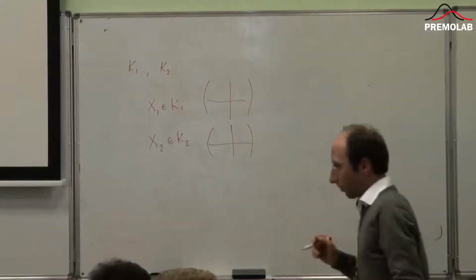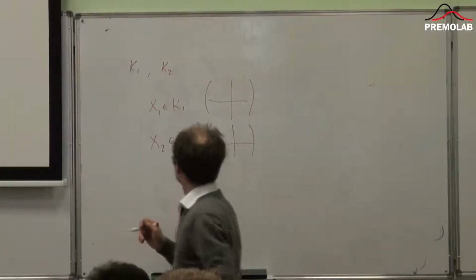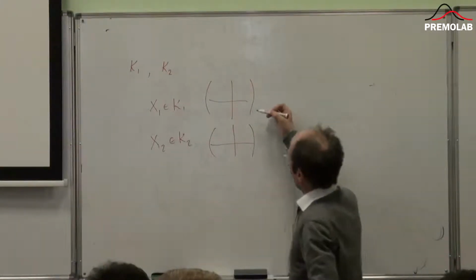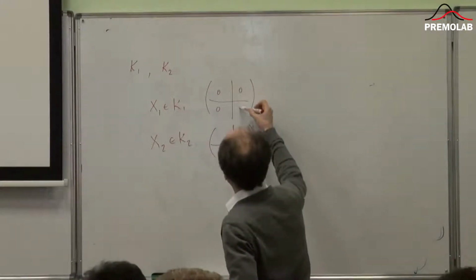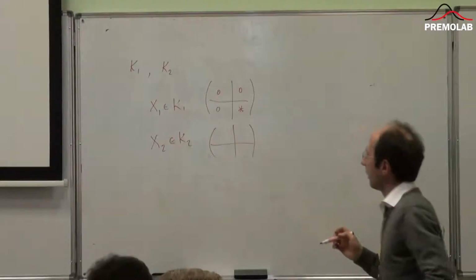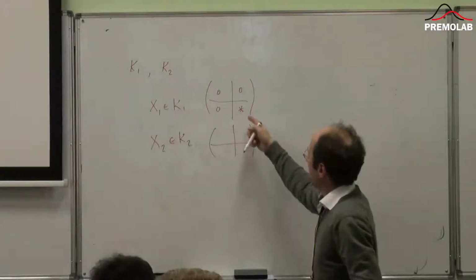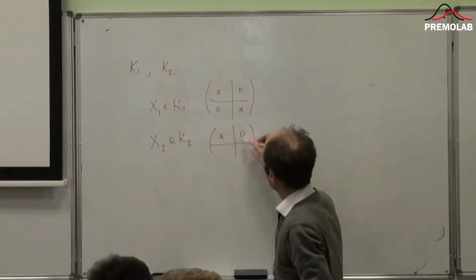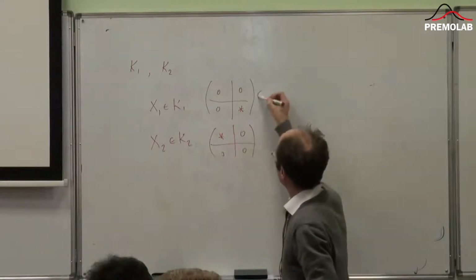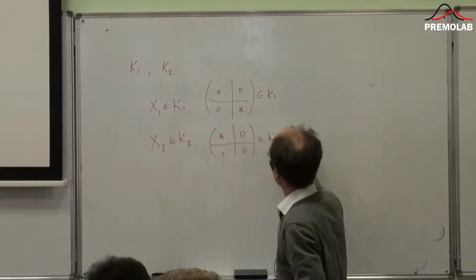And assume that matrices of the form 0, 0, 0, and here anything you want, which is positive semi-definite, are in K1, and matrices of the form like this are in K2. So this is in K1, this is in K2.